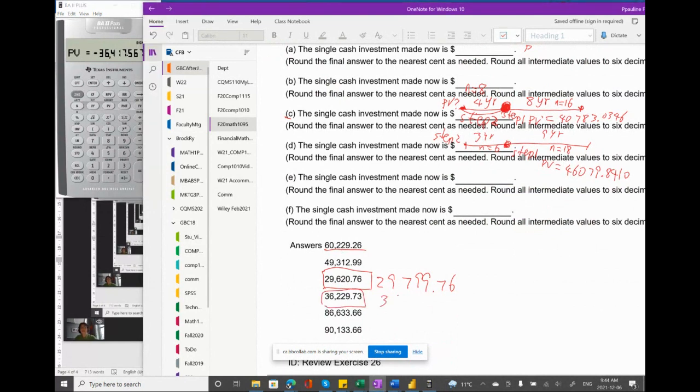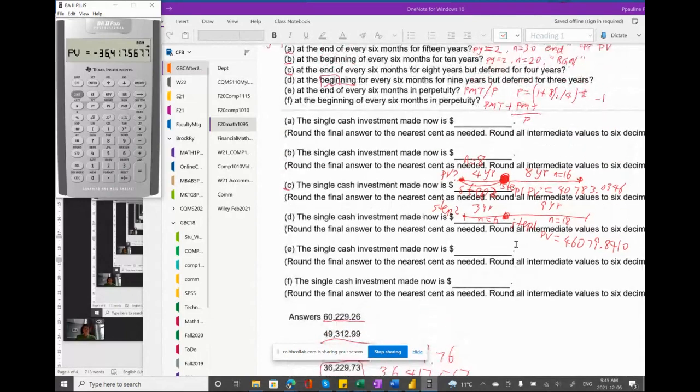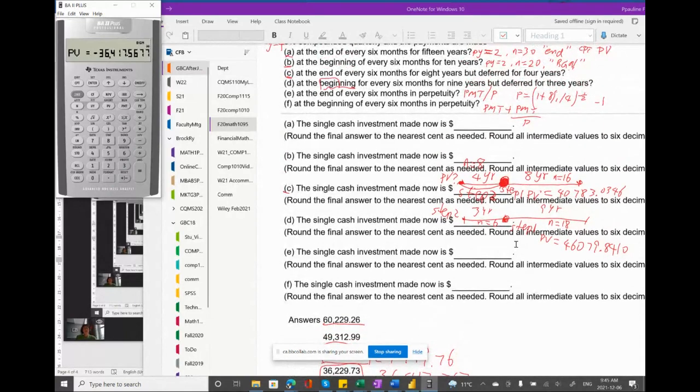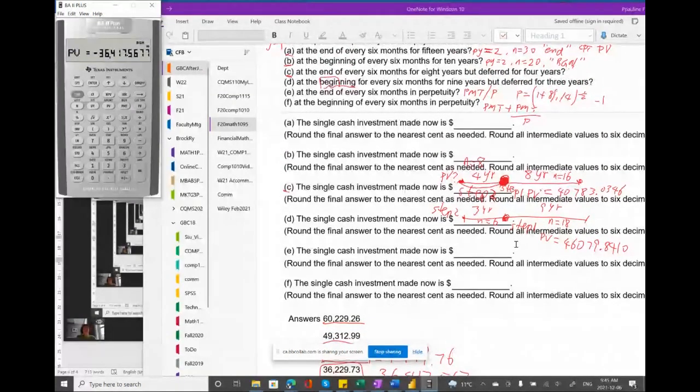I got 36,417.567. Still, I didn't get the given number. I need to double check. But the procedure is the same, 2 steps. So that is D.